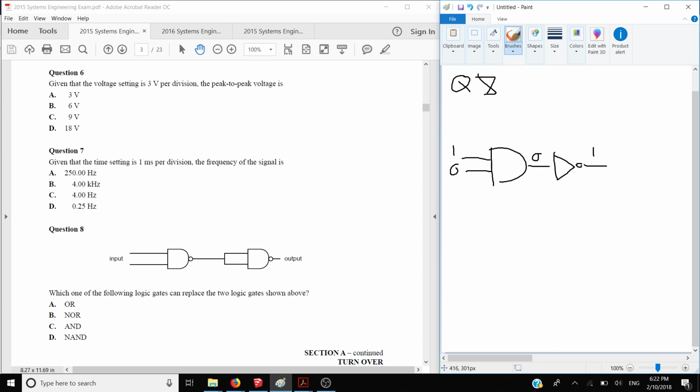So if this was a low here, that would be a high. And if this was a high, so high, high, high on the output of the AND gate, that would be a low on the output of the NOT gate. And a NAND gate is, well, that's a terrible drawing of an AND gate, but it's just both of those things together.